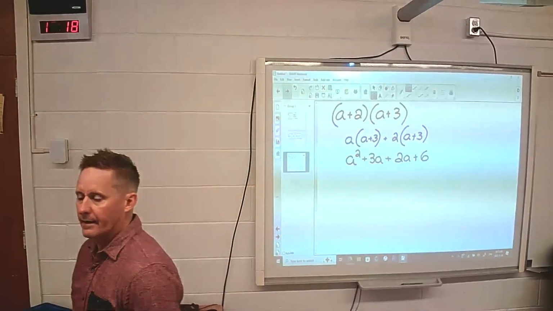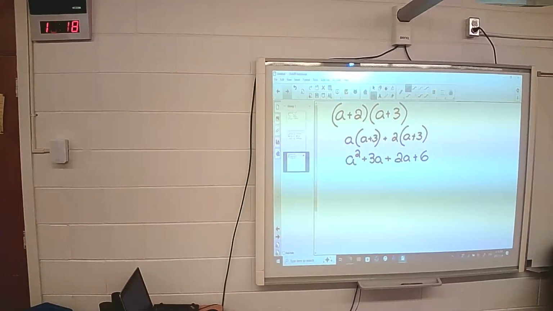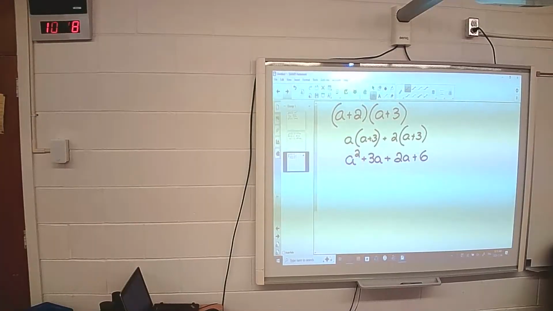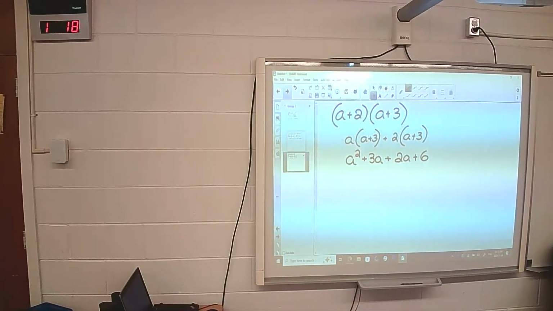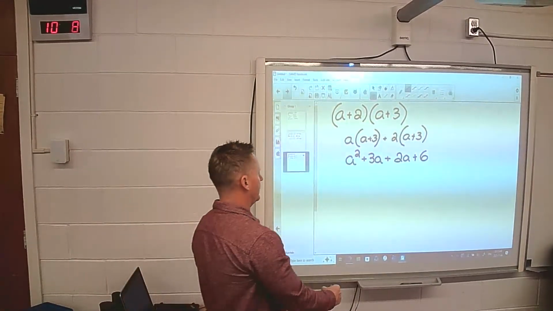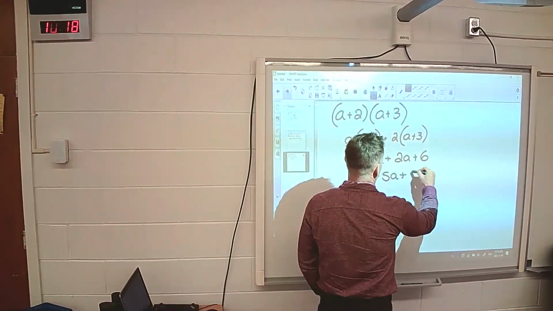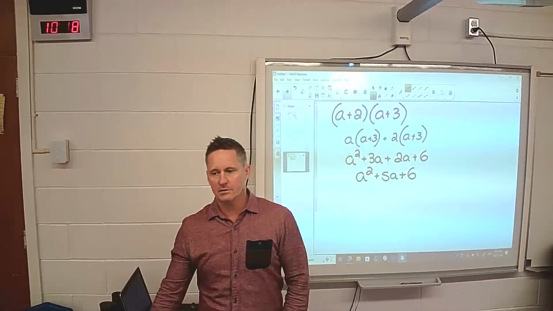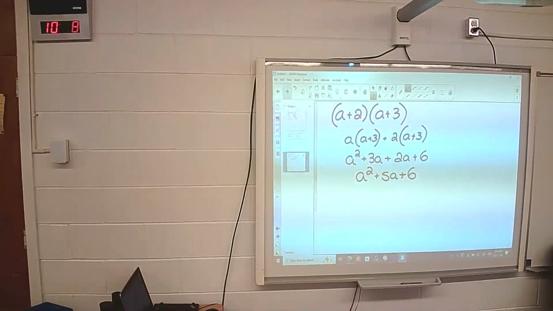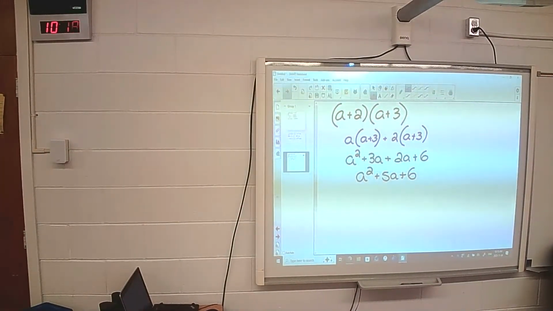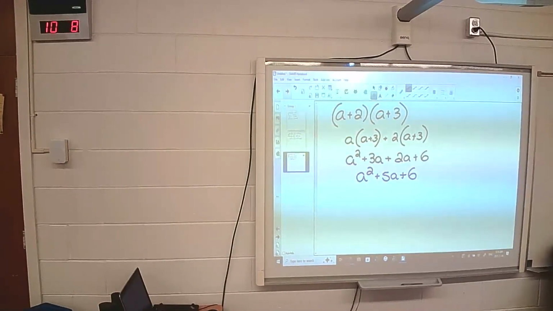Now, at this point, do I have any terms that are similar? Yes, the 3a and the 2a. And what can I do with those? Add them. What's 3a plus 2a? 5a. Do not change it to a squared value, because you can only change an a to an a squared by multiplication. You cannot do it through addition.